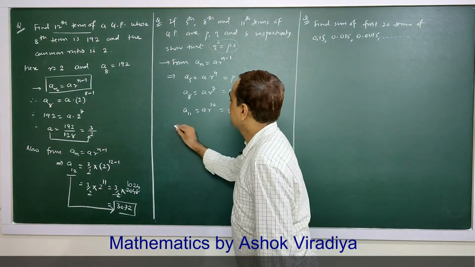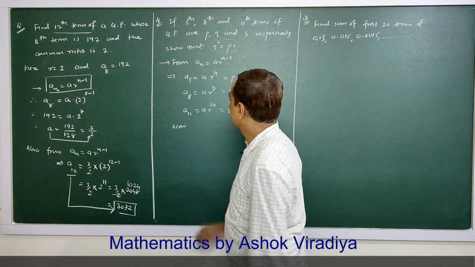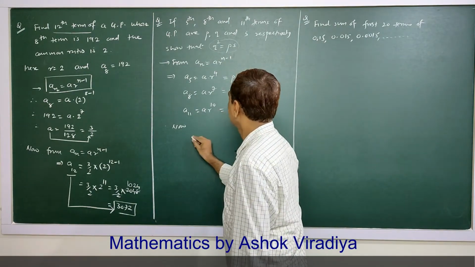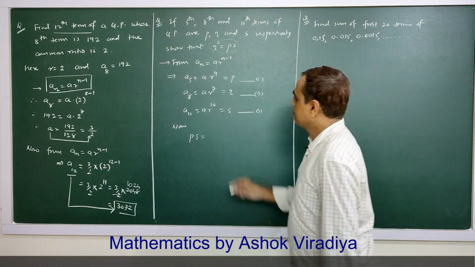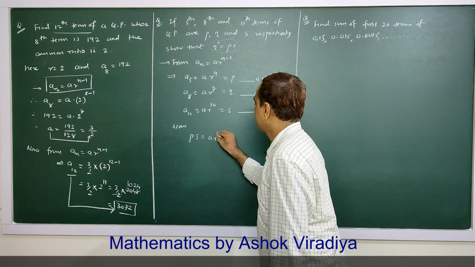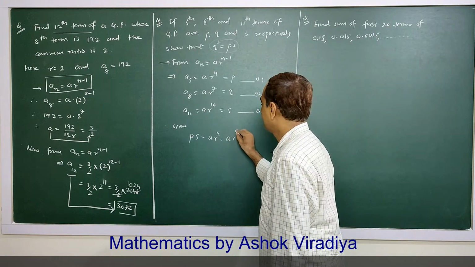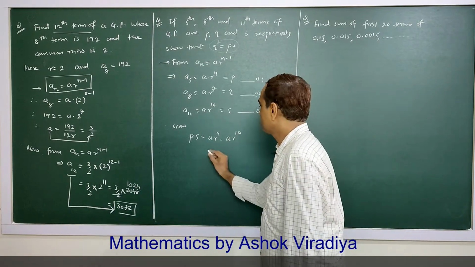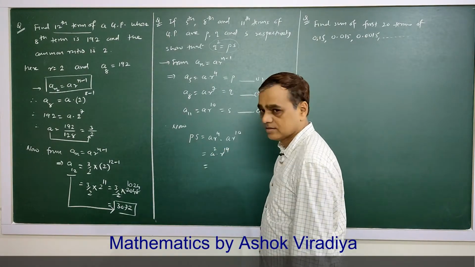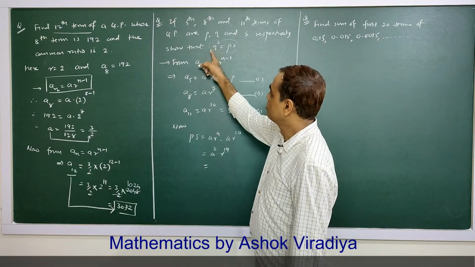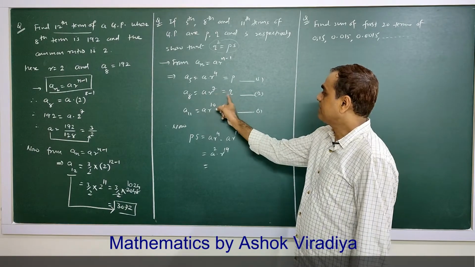So now I am taking the RHS of this required result. P into S. P is A into R raised to 4. S is A into R raised to 10. So this is A square into R raised to 14. Now what do we want to prove? Q square. Q square means the square of this number.